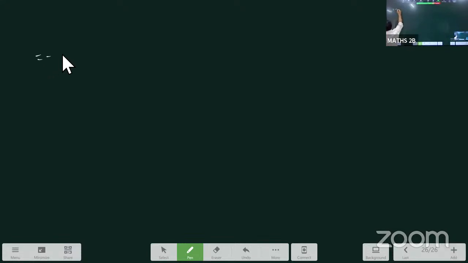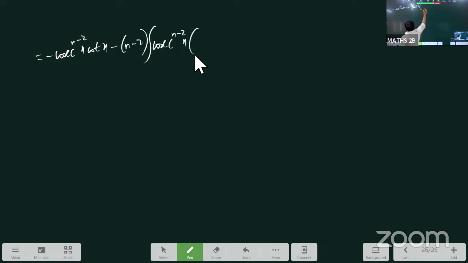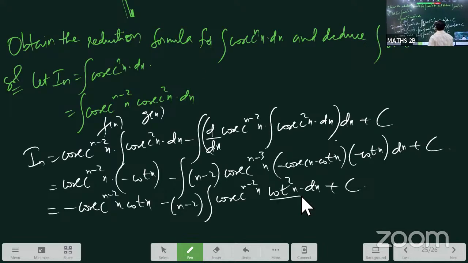That is nothing but minus cosecant power n minus 2 x into cot x minus n minus 2 into integration of cosecant to the power n minus 2 x into what is that, from the previous board? It was cot square x.